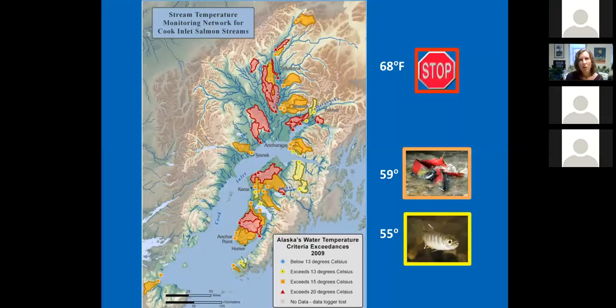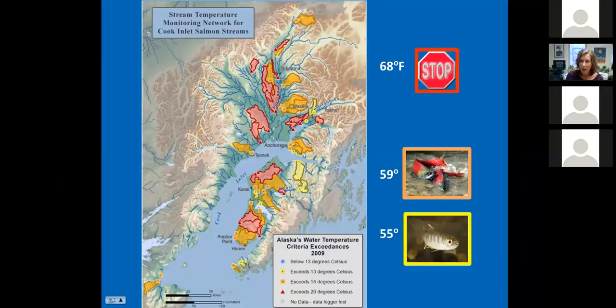So when temperatures are about 55 degrees or warmer, the rearing salmon begin to show some physiological stress, and are susceptible to disease and predation increasingly. At 59 degrees, we see streams, those are the ones in orange, and that's when we begin to see the adult salmon being stressed as they are migrating and spawning.